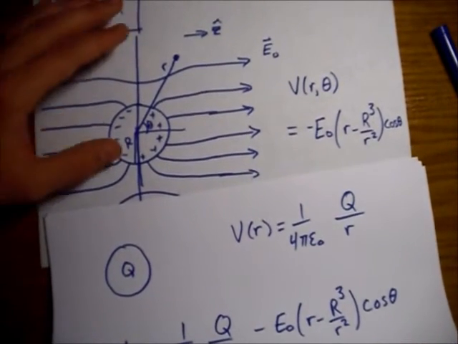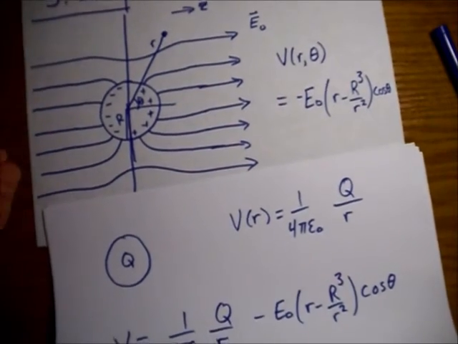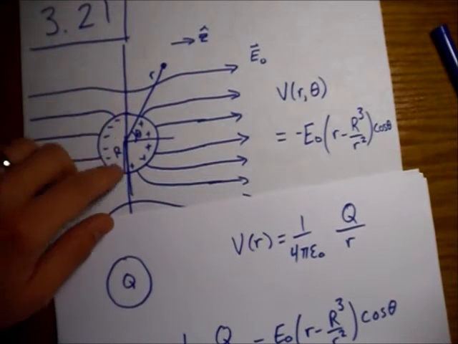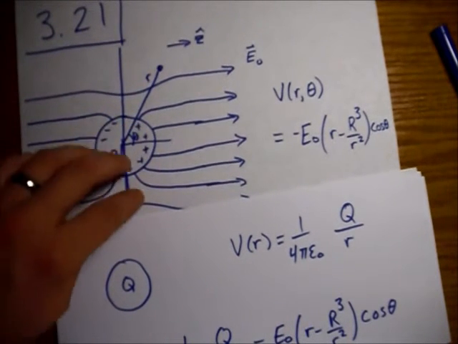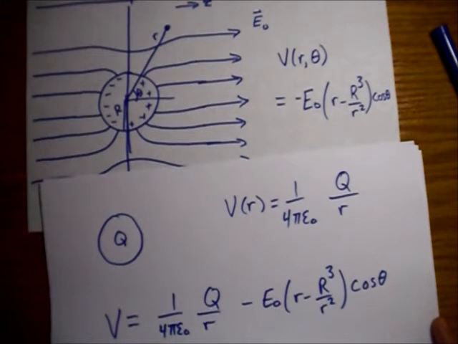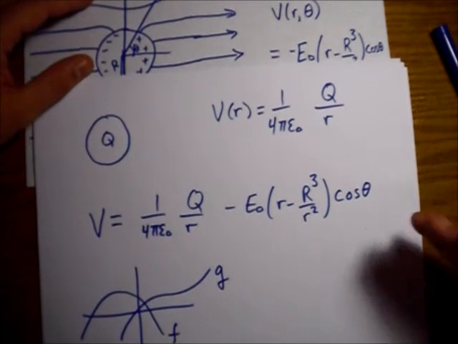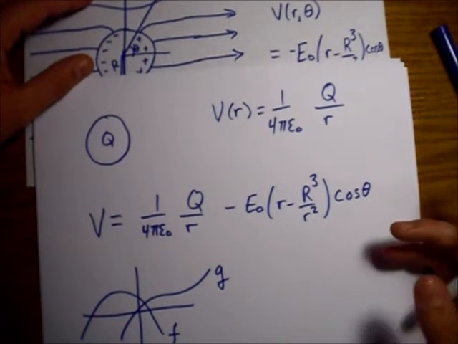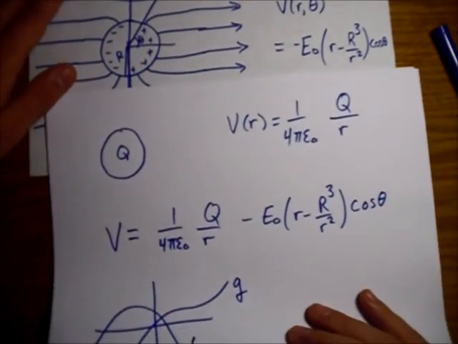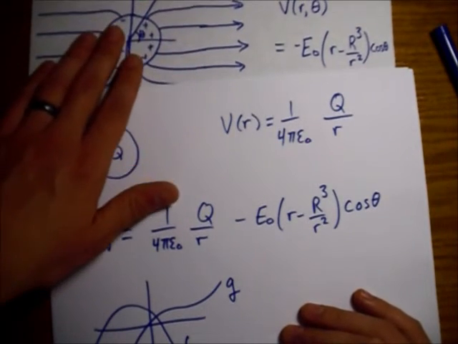For this case, we could have both. As we look at the potential here in the neighborhood of the sphere, there are places where we could have equal and opposite potentials from these two, and we would get 0 somewhere in the location of the sphere.